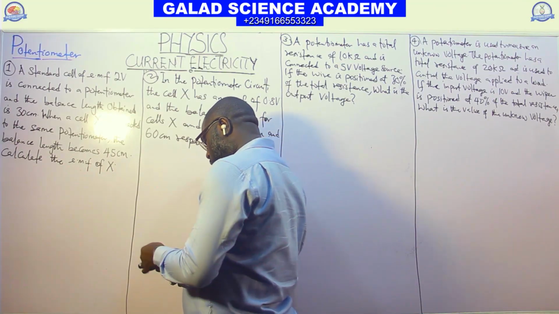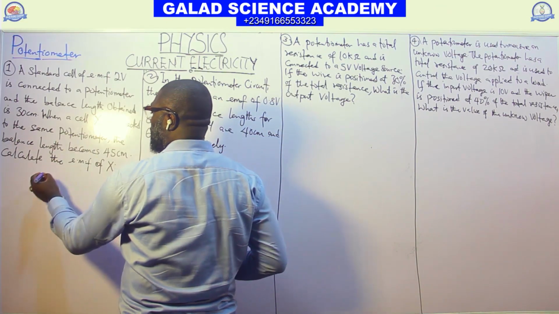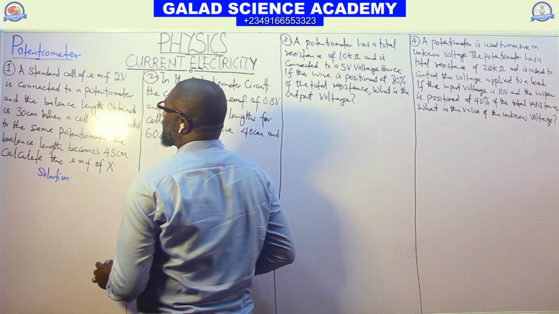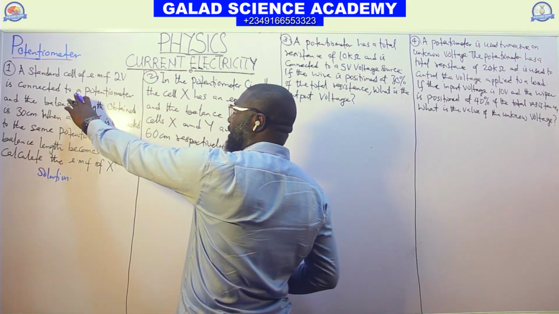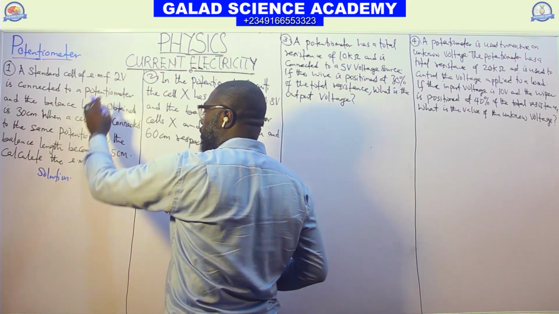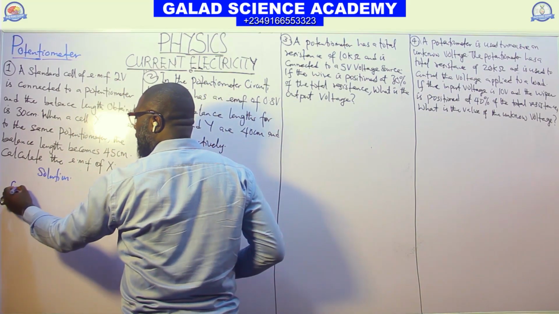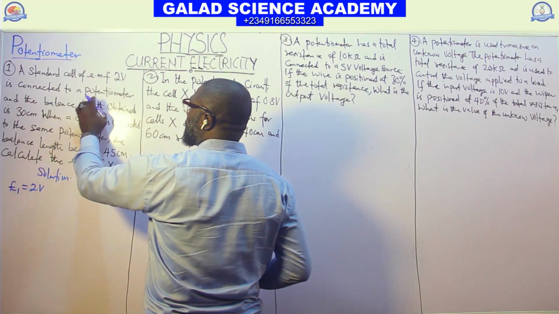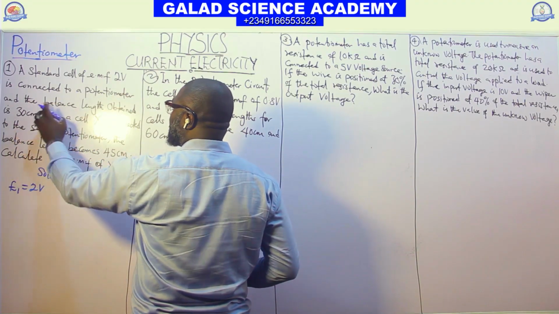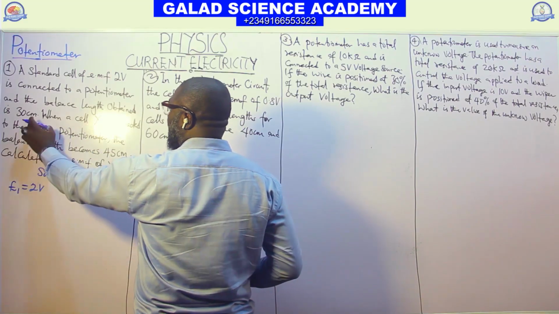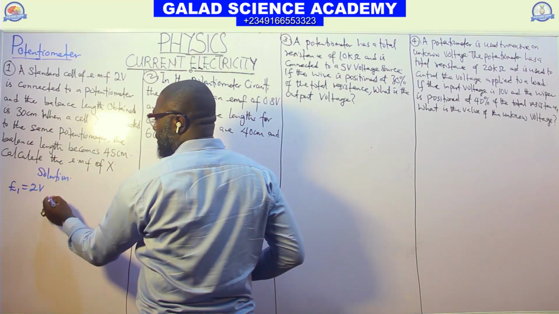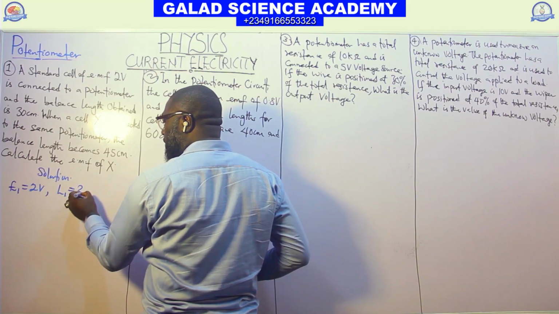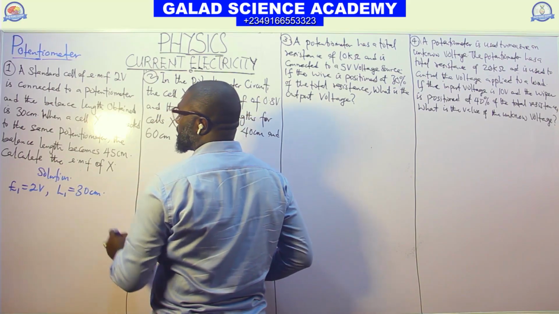So the first question is this. Solution. A standard cell of EMF 2 volts, given that E1 is 2 volts, is connected to a potentiometer and the balance length obtained is 30 centimeter. So L1, the balance length for E1, is 30 centimeter.